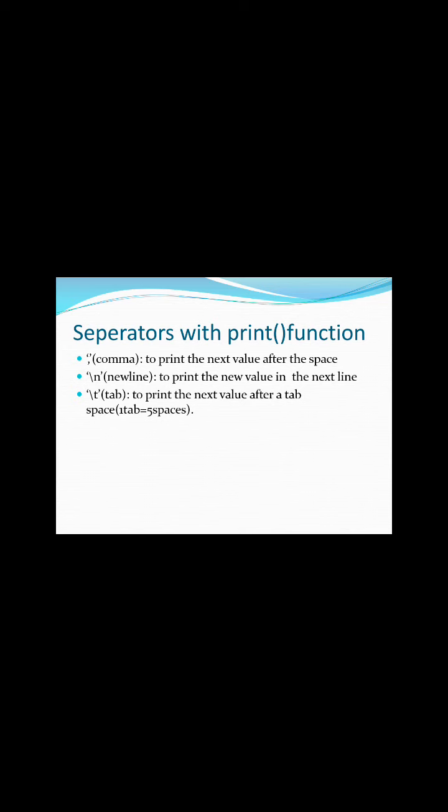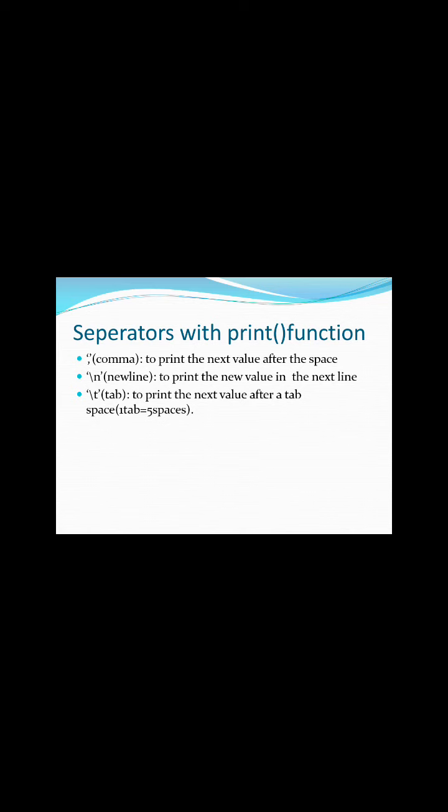Next is backslash t. This is called tab, to print the next value after a tab. And what is the default value of a tab? One tab equals 5 spaces.